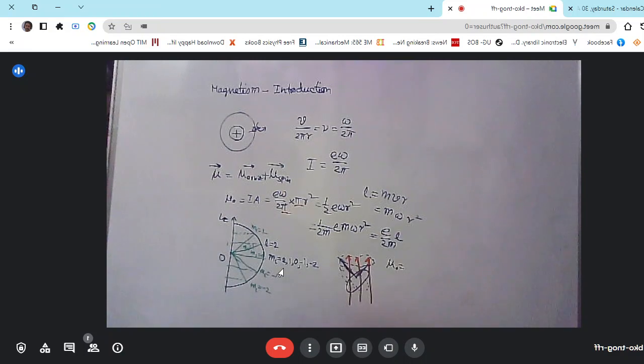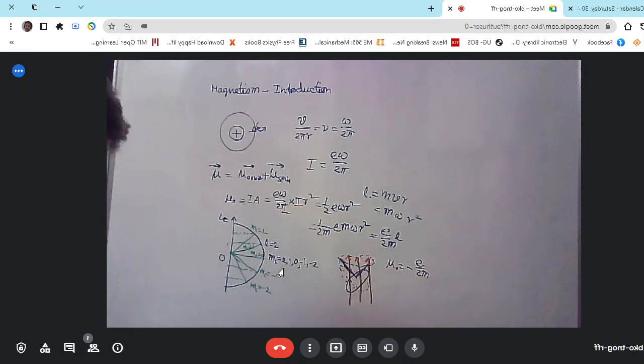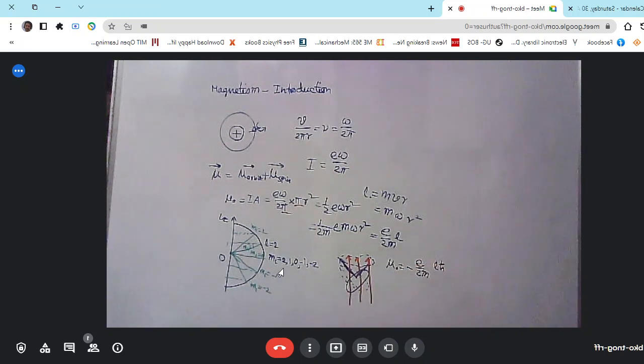It is related to angular momentum. So it will be minus e by 2m, and for angular momentum L it will be L h cut, where h cut means h by 2 pi. So that is the value of the magnetic moment of an atom due to the presence of the magnetic field.